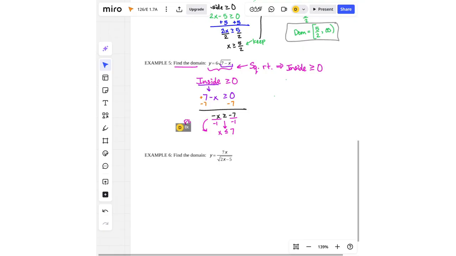So I'll just make note of that: flip the inequality because we divided by a negative on both sides. All right, so remember, this is what we're going to keep.